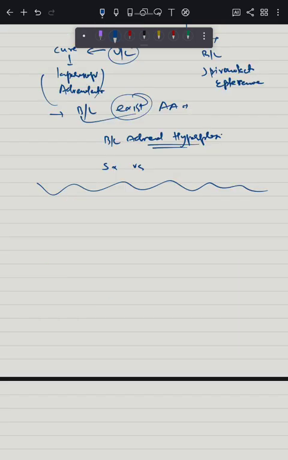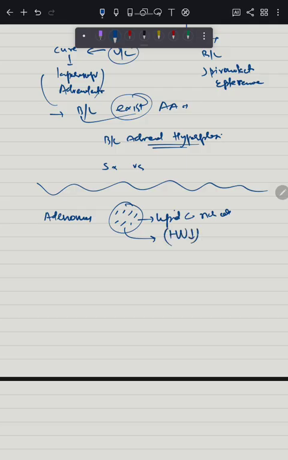Now, why do we do washout CTs? You see, adrenal adenomas contain a lot of fat inside the cells. That is, they are lipid-rich cells, and fat makes them low density. Low density means low Hounsfield units, so HU is low on CT.